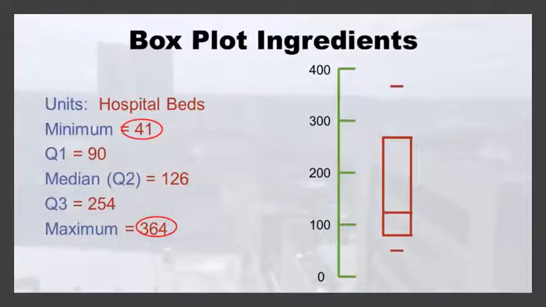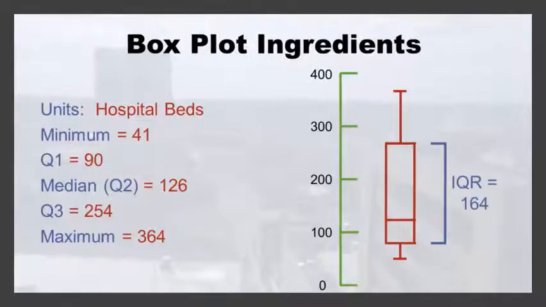Now, what do we do with our minimums and our maximums? We're going to put them on the graph as smaller little horizontal lines. So we'll take our max, which is probably about right there. Make it a smaller line than the lines for your quartiles. Then take our minimum, 41, and put it right there. Then we're going to connect them.